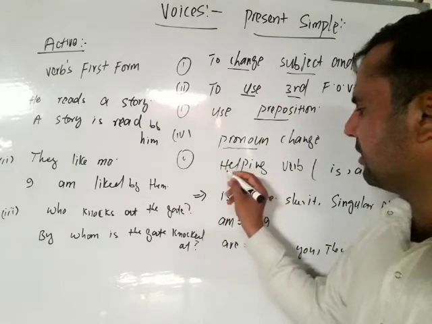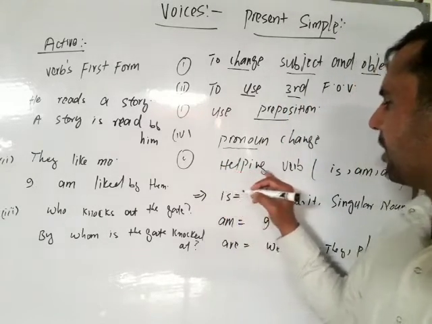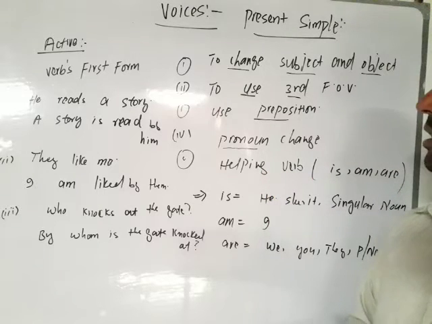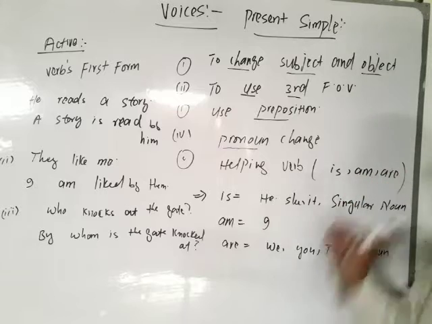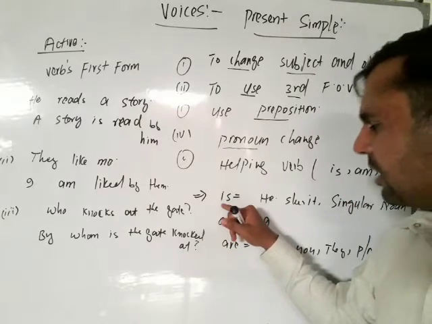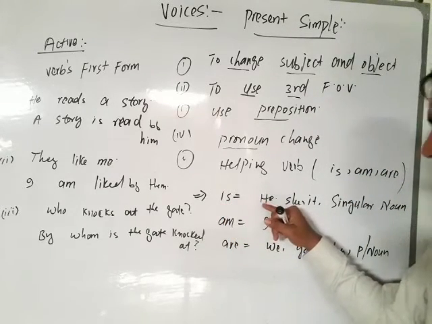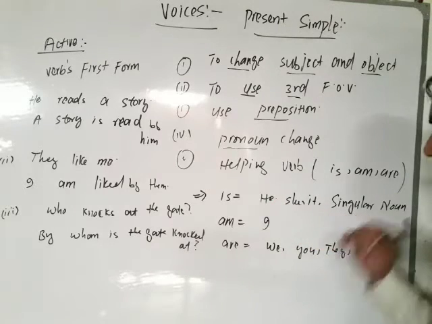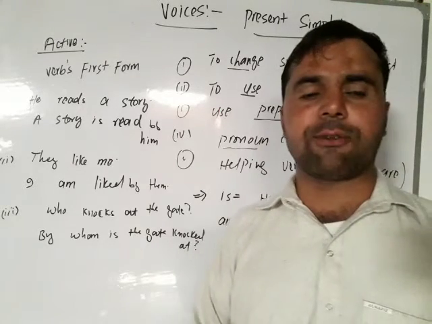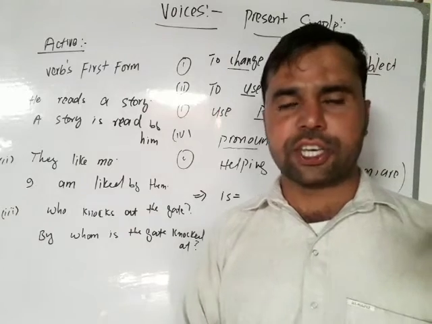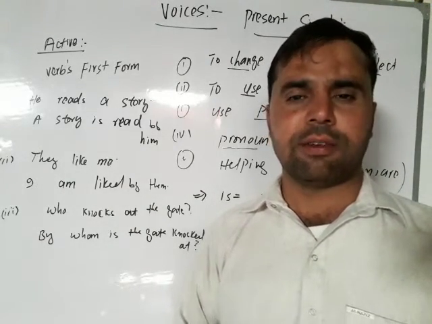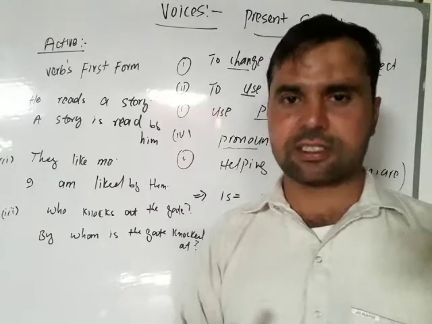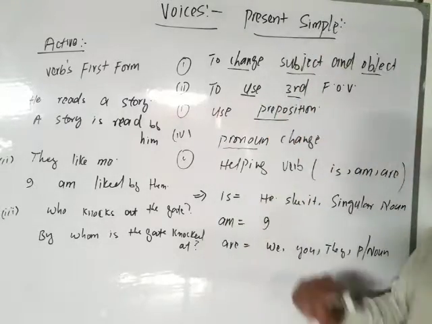Then the other thing is we use the proper helping verb, and these helping verbs are is, am, and are. Is is used with he, she, it, and singular noun. It means that if we have he or she or it or a singular noun in the sentence, we will use the helping verb is with them.